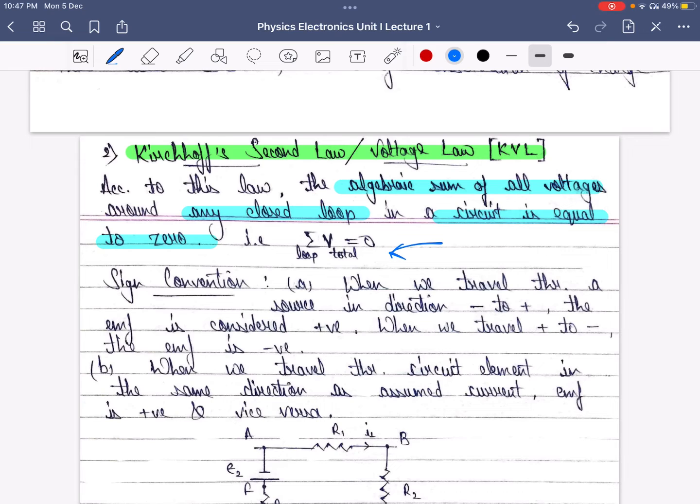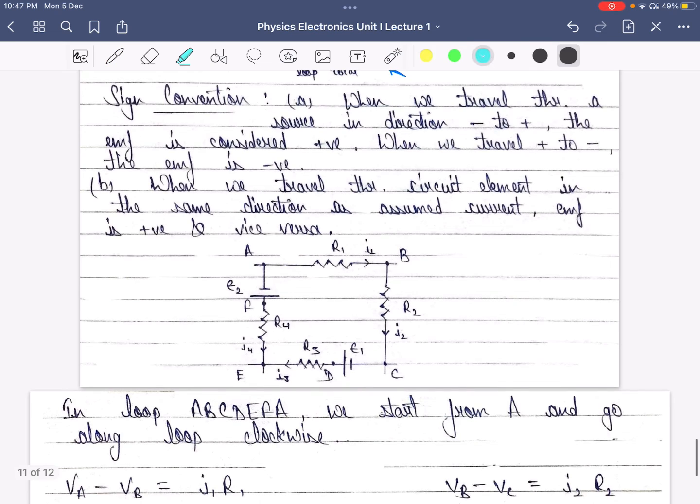Now pay attention that we are using loop here, not a mesh, so we can take any closed path in an electric circuit. As for the sign convention, when we travel from negative to positive direction, the EMF is taken as positive. If we travel from positive to negative direction, the EMF is taken as negative.